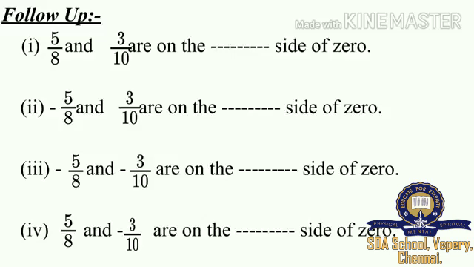And which side will these 2 points lie? Like that, okay? This is your follow-up work. Here you will do the sums and mark right side or left side. You don't need to mention whether it is greater or lesser, okay?